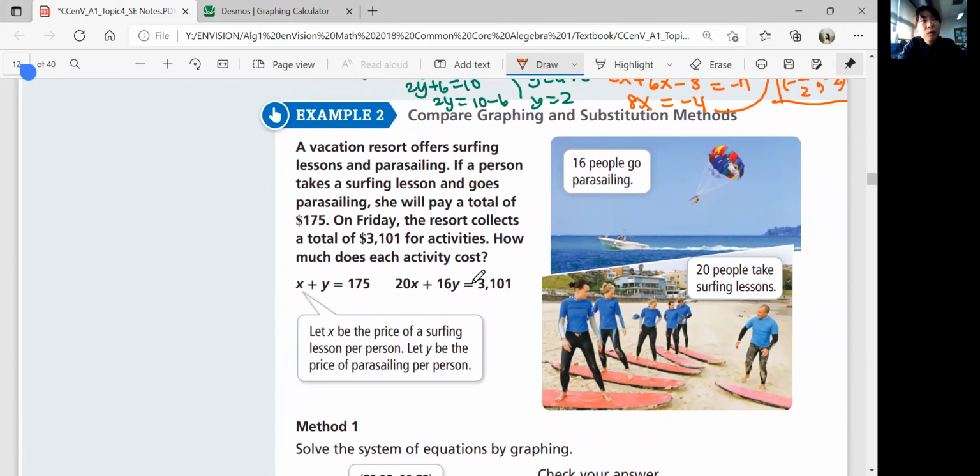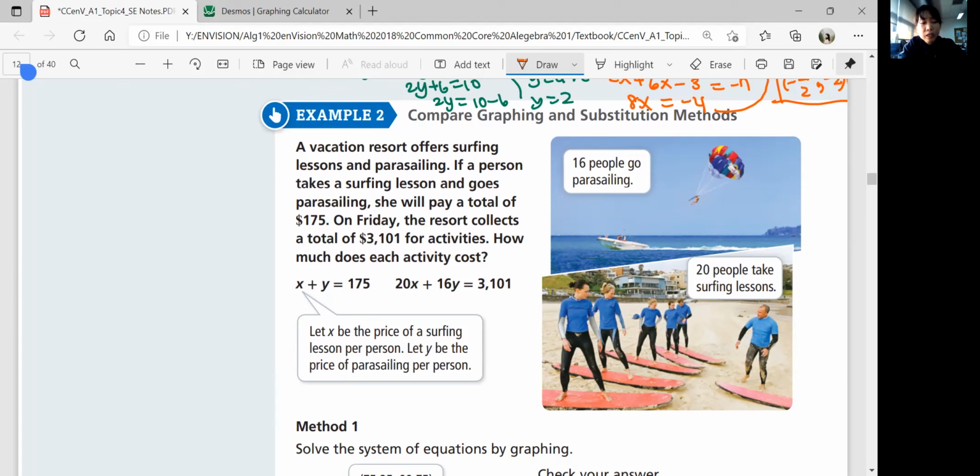A vacation resort offers surfing lessons and parasailing. If a person takes a surfing lesson and goes parasailing, she will pay a total of $175. On Friday, the resort collects a total of $3,101 for activities.